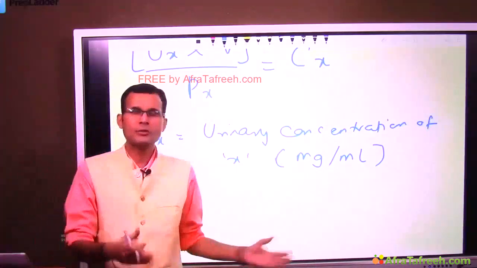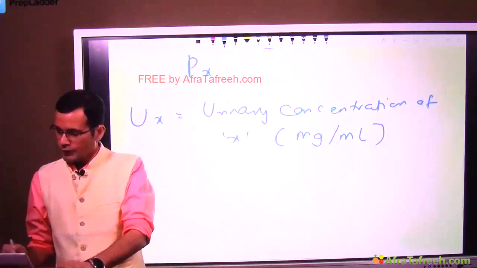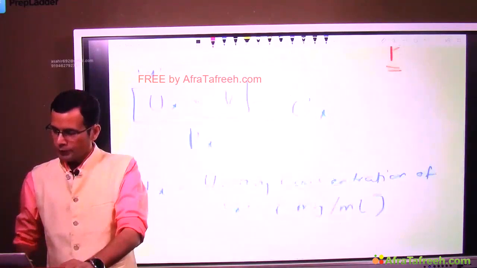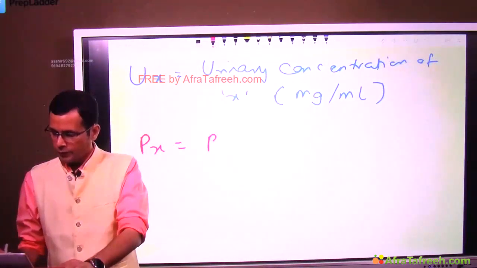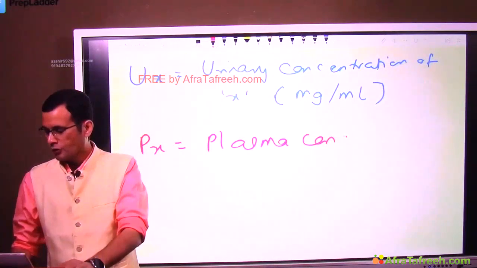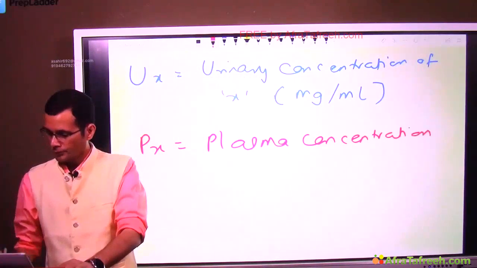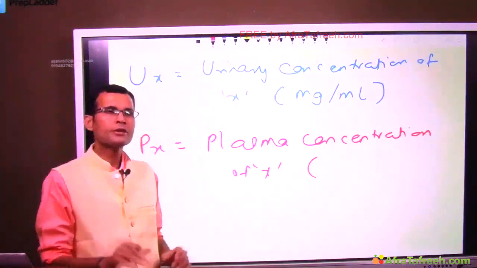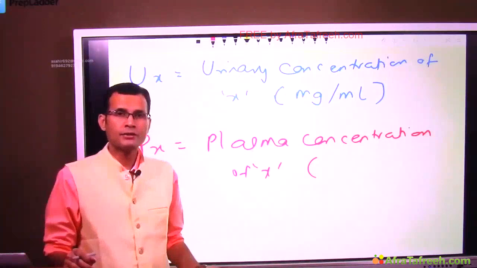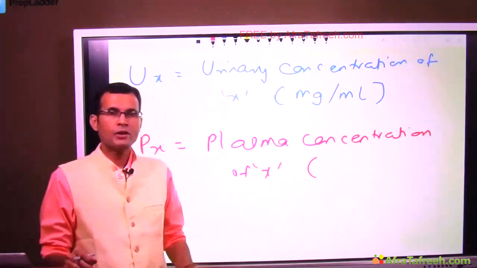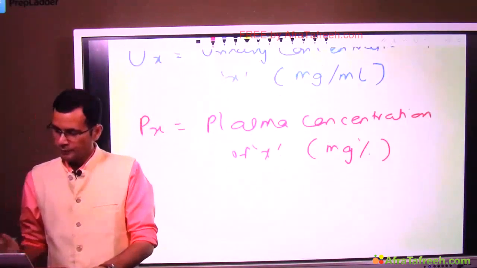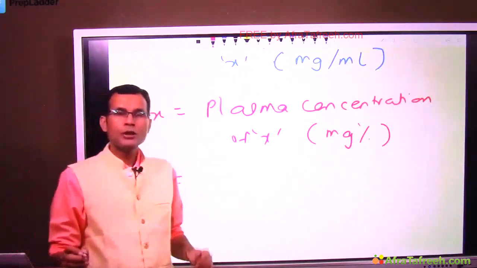Okay, so that was the answer to the MCQ. Then Px is plasma concentration of the substance X. And you know, plasma concentration of any substance is always taken as milligram percent or milligram per deciliter or milligram per 100 ml. Therefore, it will be milligram percent. And V is urine volume.